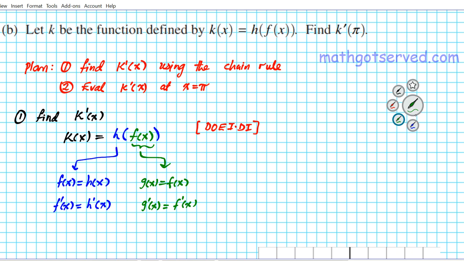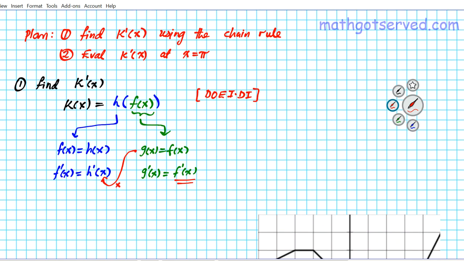Now the derivative of the outer evaluated at the inner: you take the inner function and plug it into the derivative of the outer function, and multiply that by the derivative of the inner function. So our derivative, k prime of x, is going to be h prime evaluated at f of x times f prime of x. There is the derivative right there.